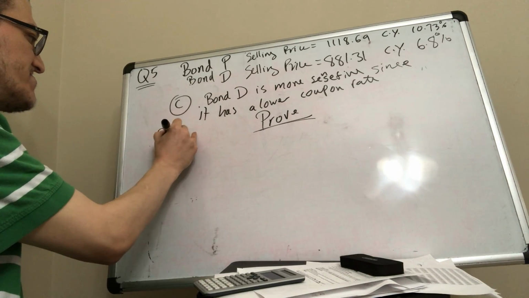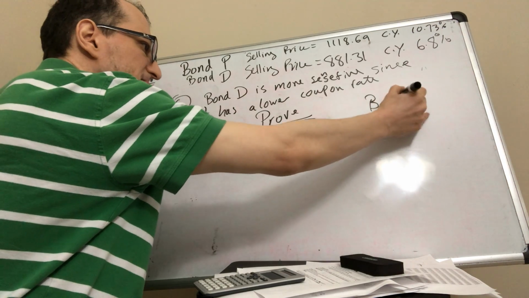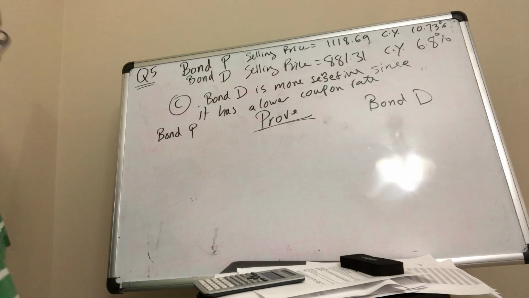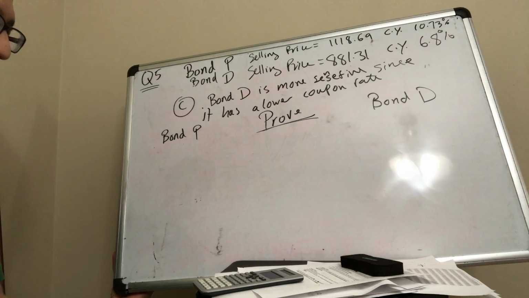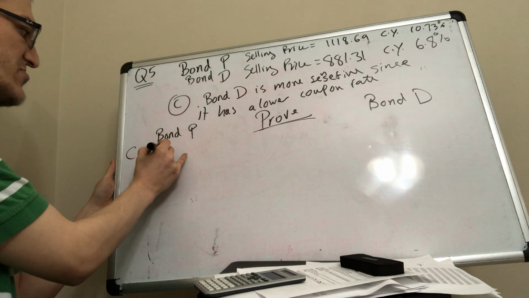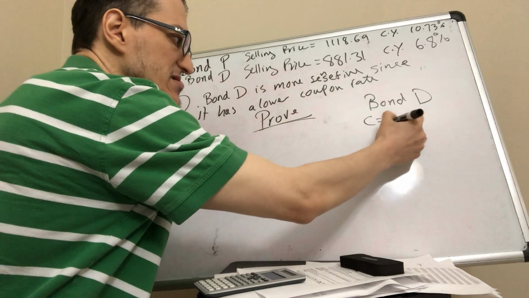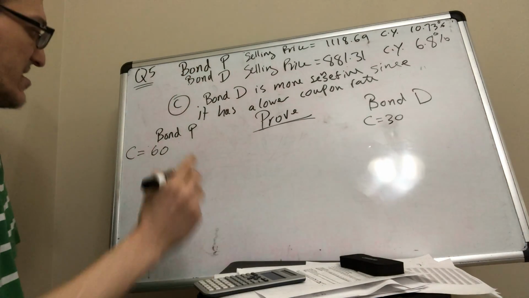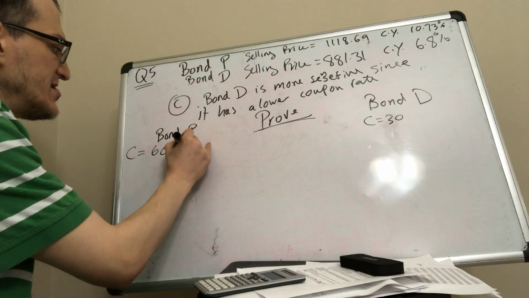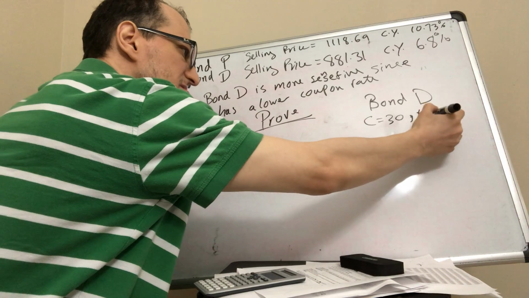I'm going to take bond P here and bond D. We figured that the coupon payment for this was 60, for this was 30. We figured that T is 10 and T is 10.